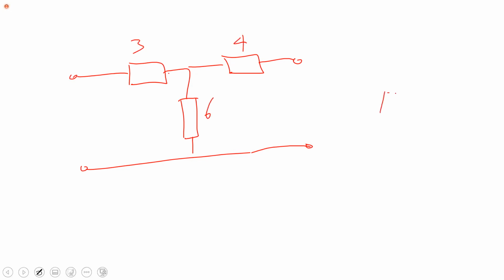B is equal to V1 over I2 with V2 equals 0, or minus I2, sorry.